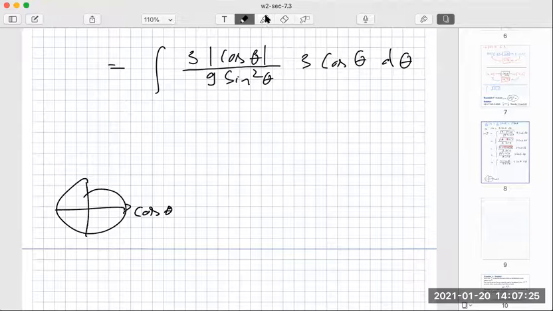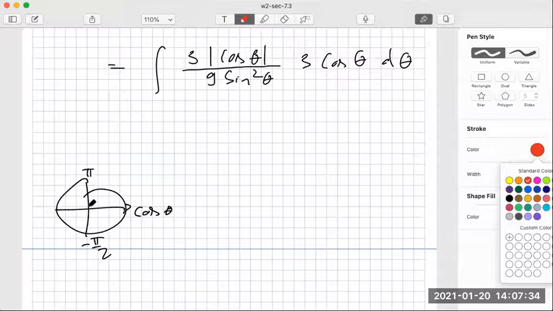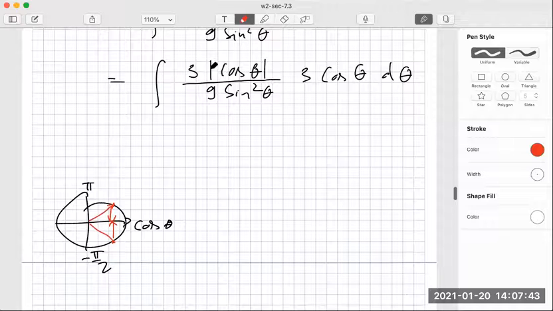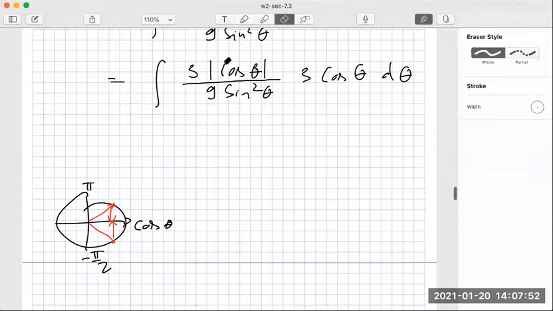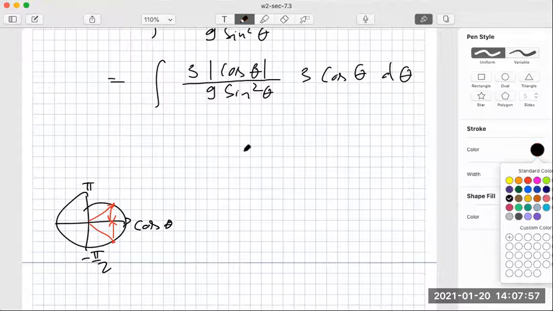And we pick the angle from negative pi over 2 to pi over 2. Between these values, the value of cosine is always positive. When we project it here, it will always be positive. Therefore, we can get rid of the absolute signs here, right? Is it clear? Okay, we can only remove the absolute value when it is positive, and it is the case here.